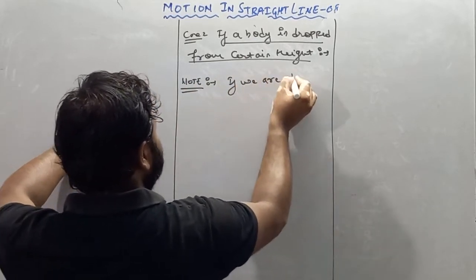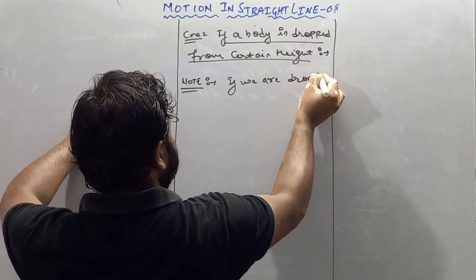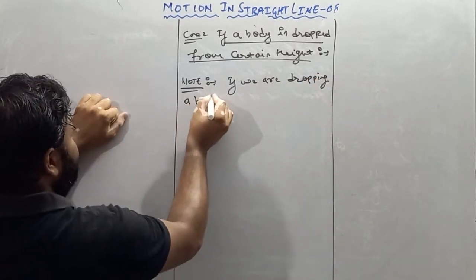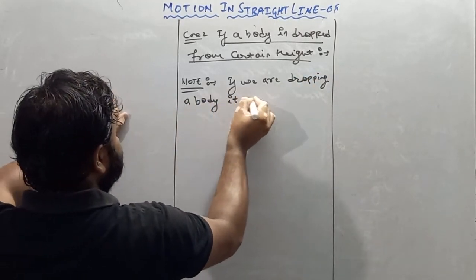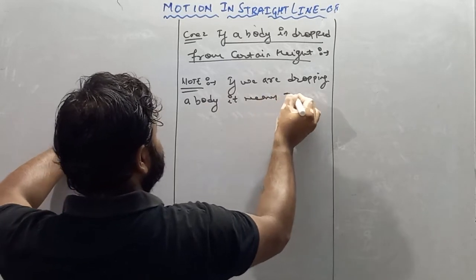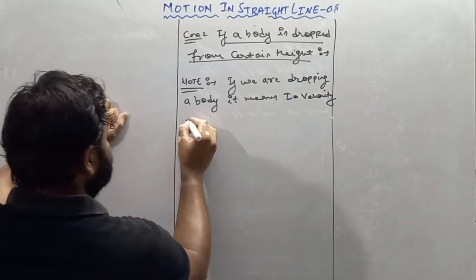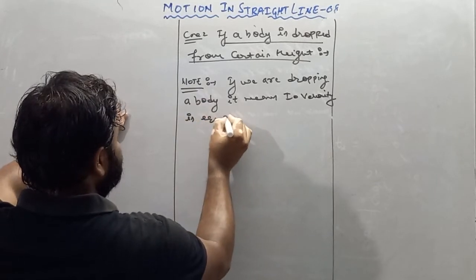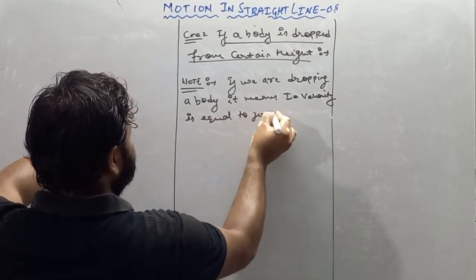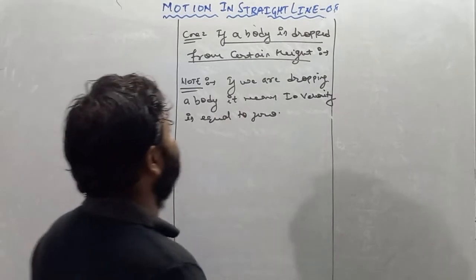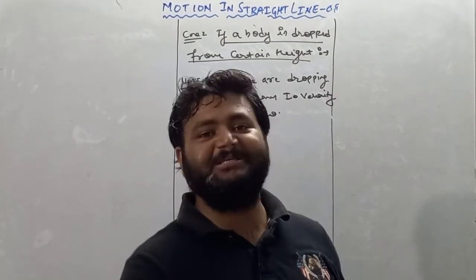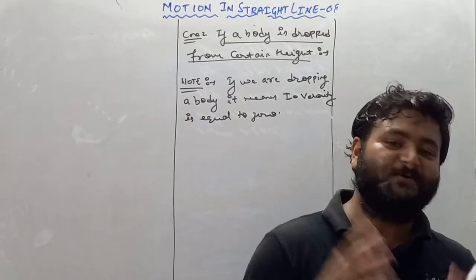If we are dropping a body, it means the initial velocity is equal to 0.